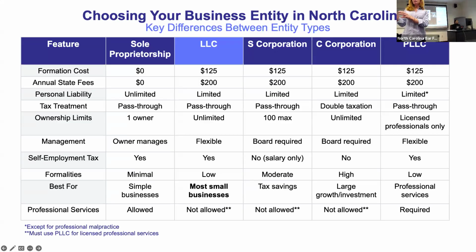If you form an LLC and you're a sole LLC member, someone can't go after your personal assets if there's an issue with the business. An S corporation is another level of protection, and we'll talk about all the specific requirements for the different types of formations. But the C Corp would be your highest level, and that would be if you were looking to then take on investors and go public and all those types of things.